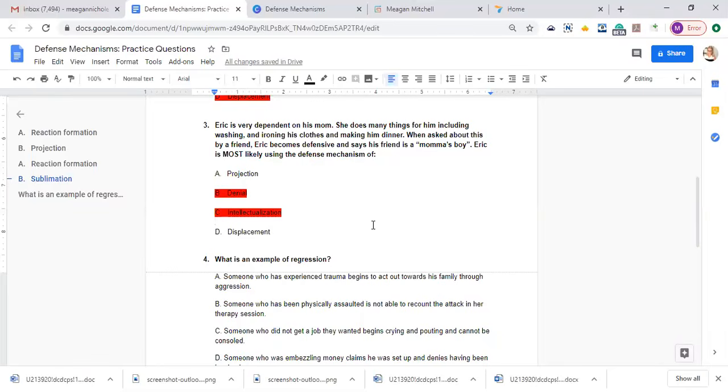The correct answer here is projection, because the clues that you can find for this is that Eric is dependent on his mom and she does a lot of things for him. And when approached by his friend, he says, well, you're a mama's boy. He's projecting those feelings that he has about being dependent on his mom, and maybe he self-identifies as a mama's boy, but is projecting it onto his friend. So projection is the correct answer here.